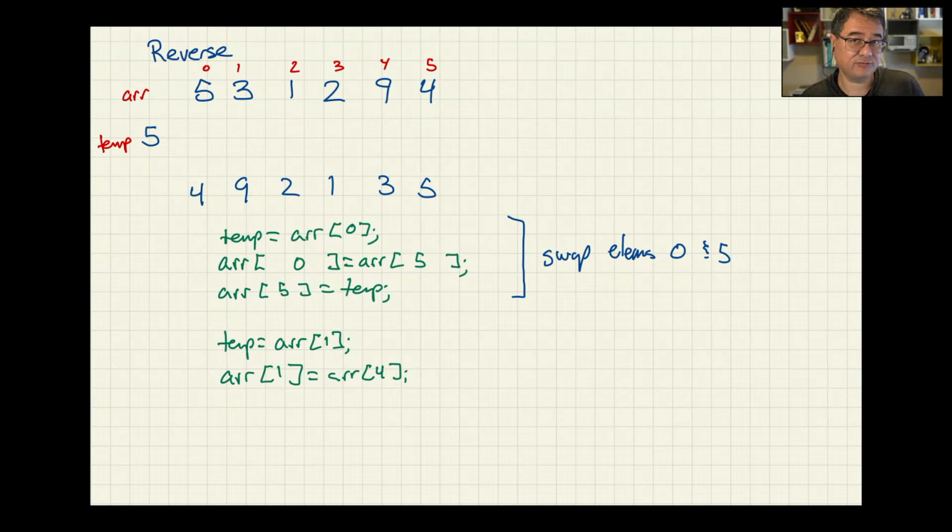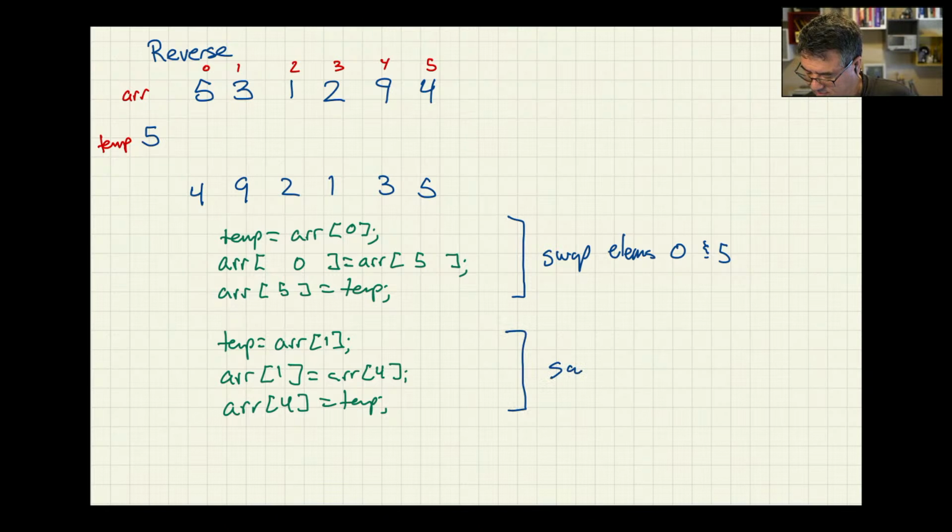We'll put element number 4 into element number 1, and then we'll put the temporary variable into 4. And this will swap elements 1 and 4. And then we'll do it for 2 and 3.